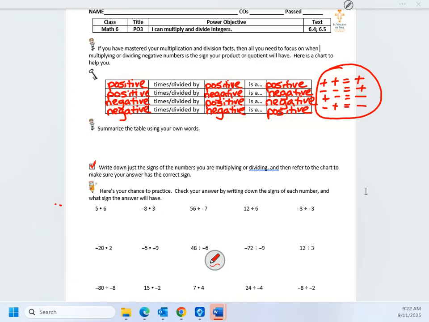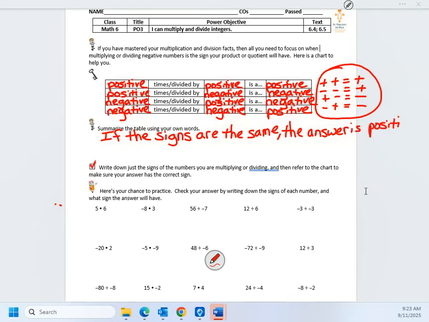So, summarize the table using our own words. What I just said, but we're going to put it into words. If the signs are the same, the answer is positive. So that was those first two. Signs are the same, answer is positive.